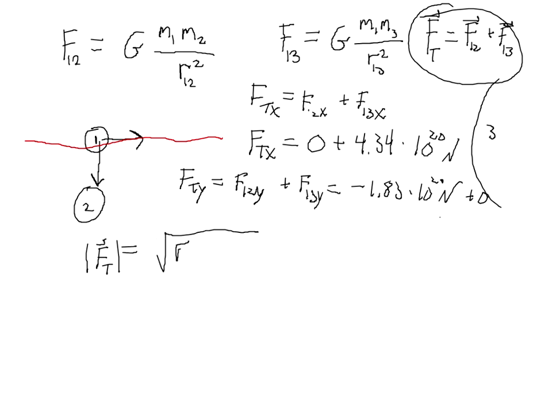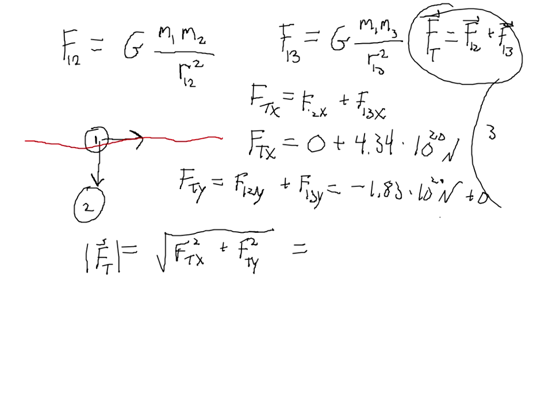The square root of the total x component squared plus the total y component squared. This is good review for the final exam, by the way, because you'll be needing to add vectors by components when the final comes, and it's been a while since we've added vectors by components, so this is good review. Go back and look at chapter 4 if you don't remember how to do this.